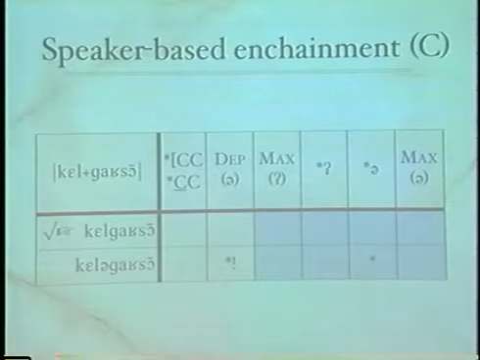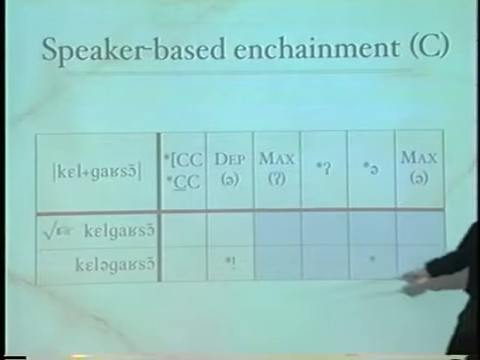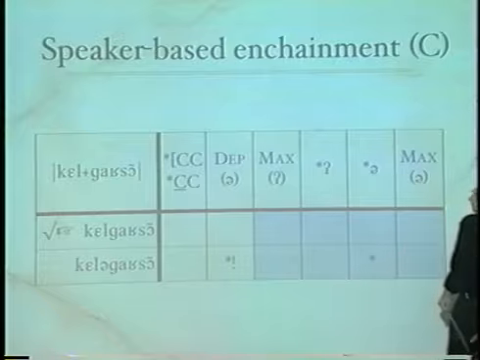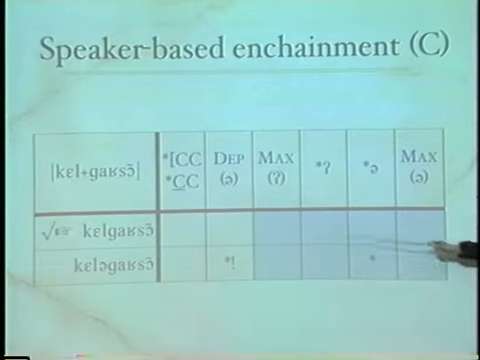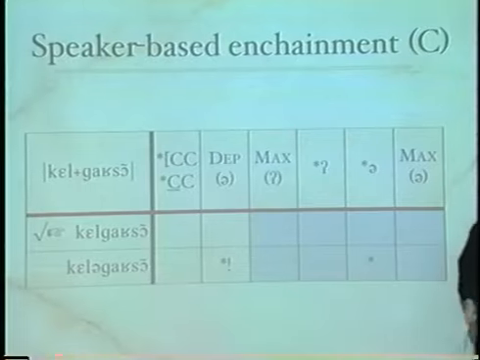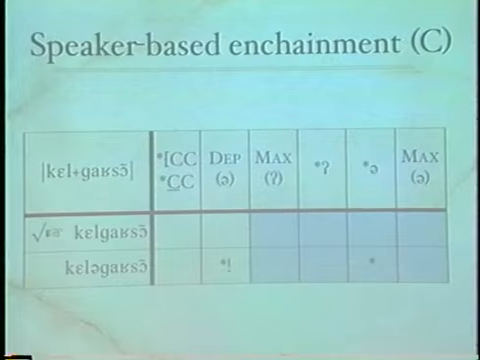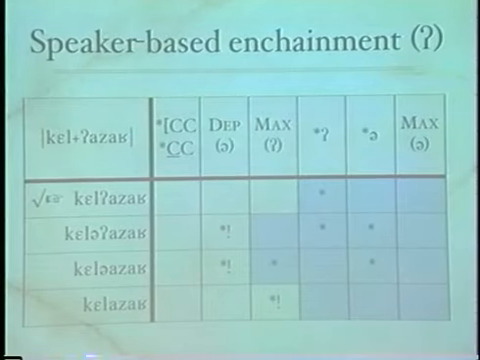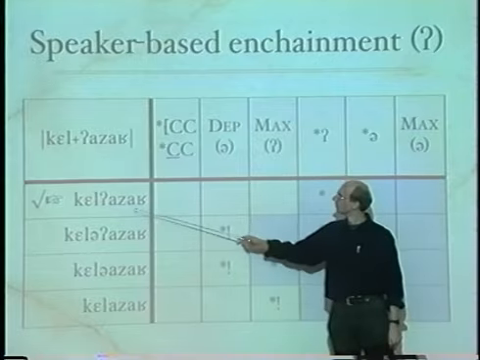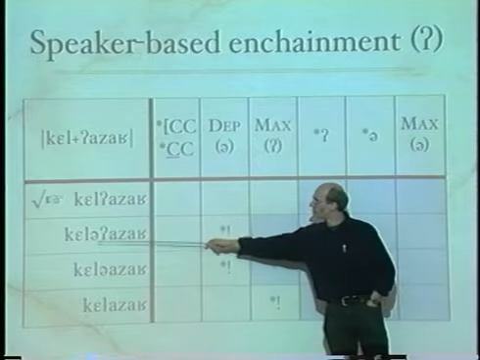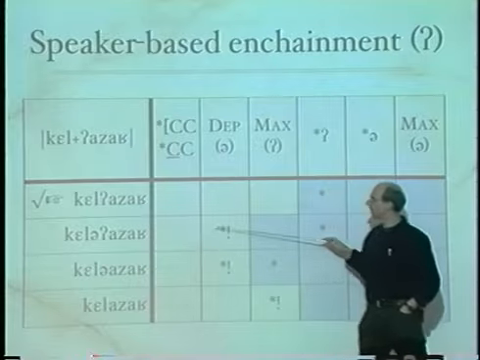Now get enchainment. Quel garçon, well, the candidate quel garçon violates nothing. And saying things like quel garçon would introduce a non-underlying schwa, so that's ruled out. And any other funny candidate will also be ruled out. This is the quel hasard case. You don't want to insert a schwa, so that candidate is ruled out.